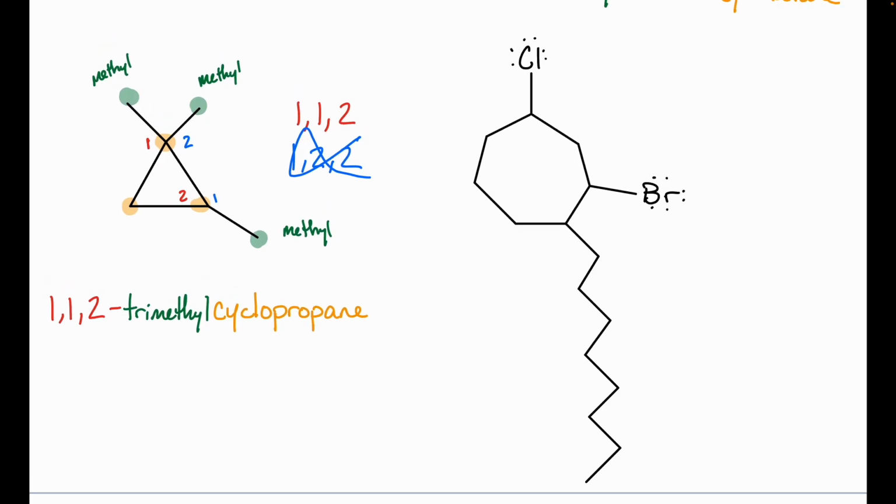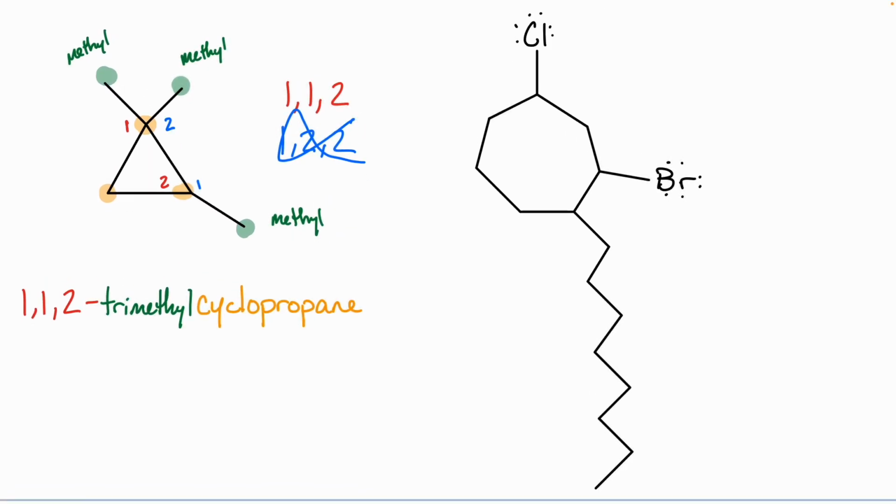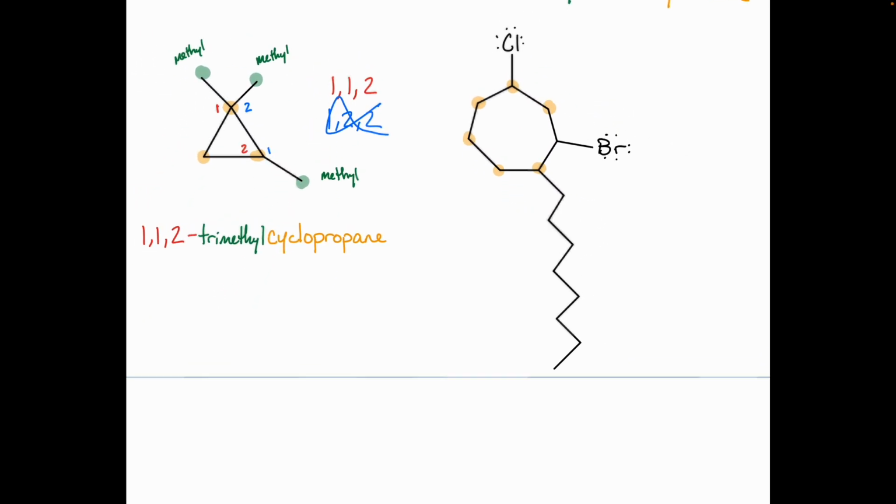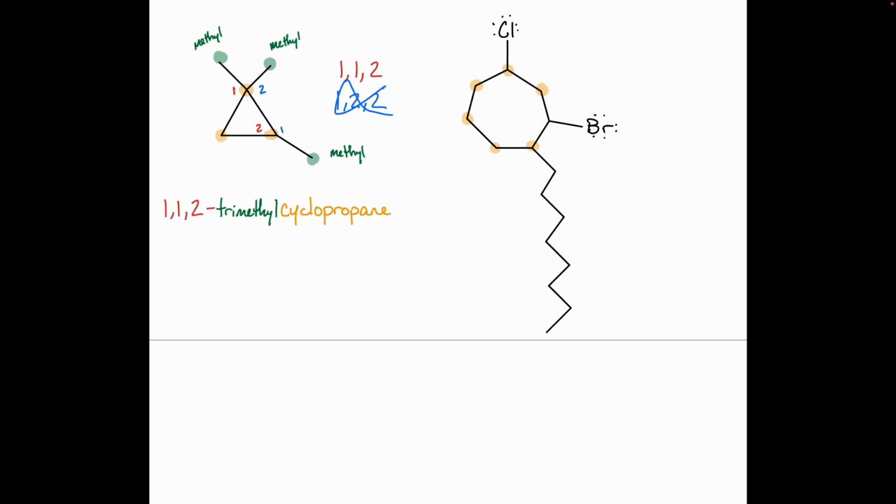Okay. My last example here, remember the ring is always going to be our parent chain. So even though this thing down here has a higher number of carbons, it's still going to be treated as a substituent in my naming scheme. So my parent chain is my cycloheptane. Let me just move this to a different place.